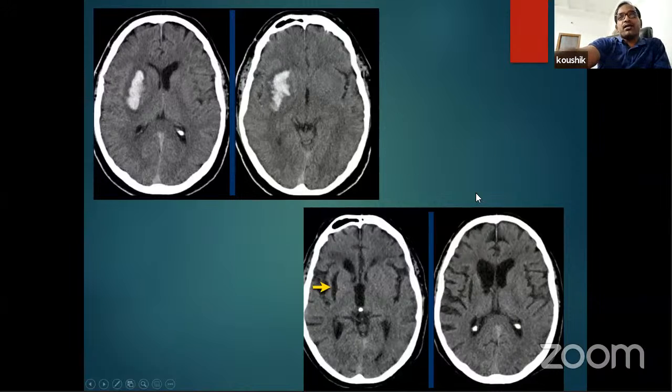This is an acute thing. Over a period of weeks and months, the acute hemorrhage will become a chronic one, leaving a scar or gliosis. This is the gliotic region in the right basal ganglia secondary to hemorrhage.